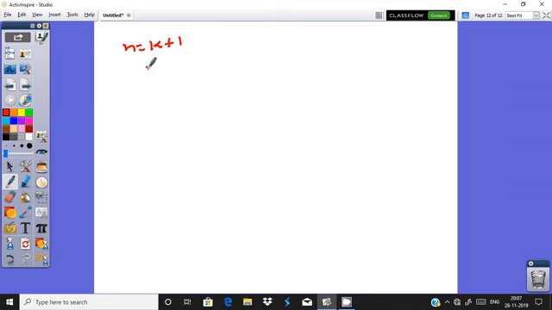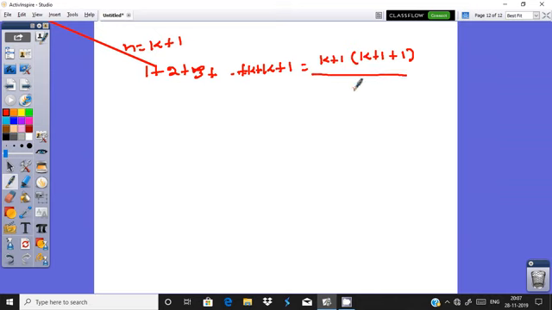So what is the original equation? 1 plus 2 plus 3 plus up to k plus 1. Now when you substitute n equal to k plus 1, obviously the value before that is k. So n is replaced by k plus 1, giving k plus 1 into k plus 1 plus 1, divided by 2.